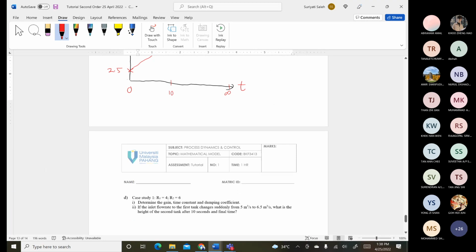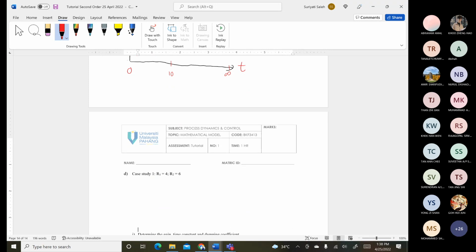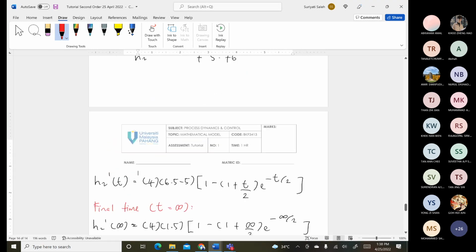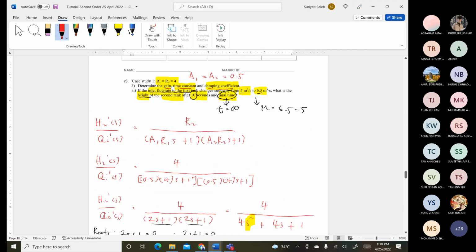So we go for the last question, the second order again. Only in this part, the value of R is different. R1 equal to 4, R2 equal to 6. The remaining question is still similar. I only change the value of the resistance to illustrate how the equation can be further changed.